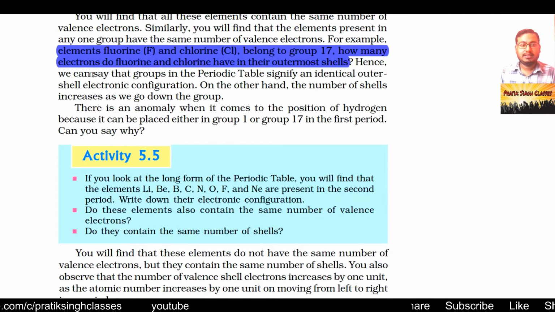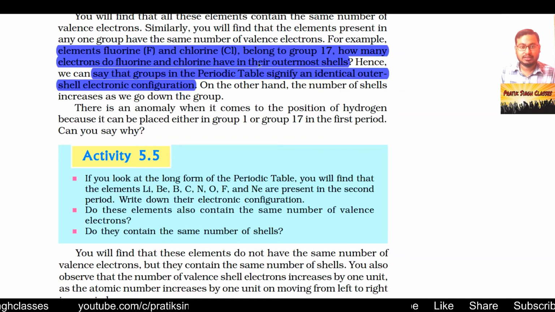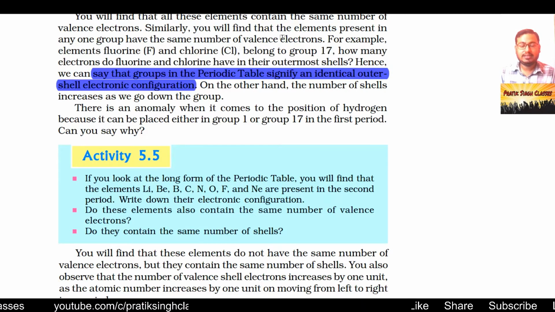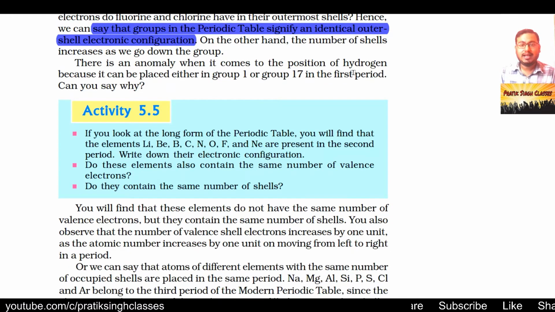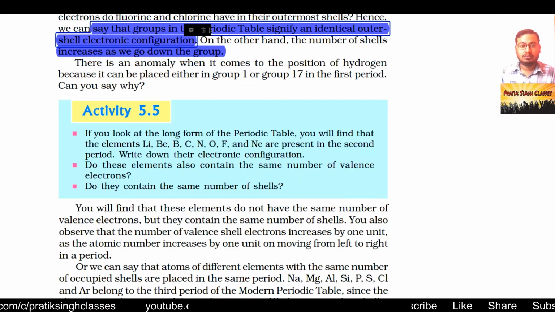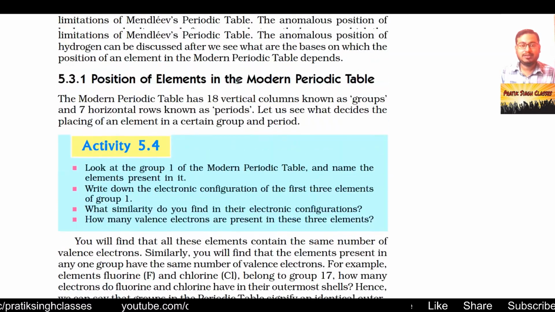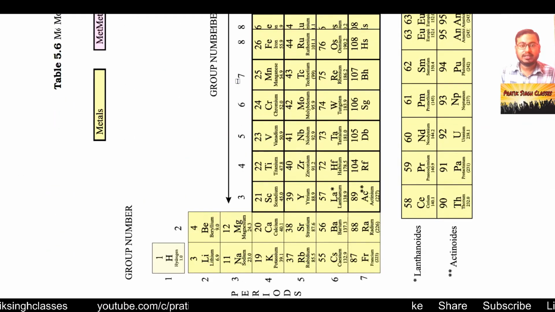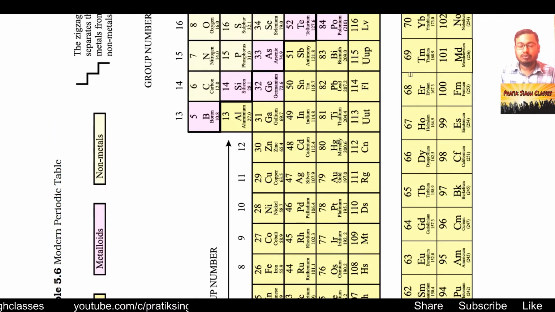Hence, we can say that the periodic table signifies an identical outer shell electronic configuration. This is a significant achievement or a special property of the modern periodic table. On the other hand, the number of shells increases as we go down the group. Keep in mind these small things which are very relevant.